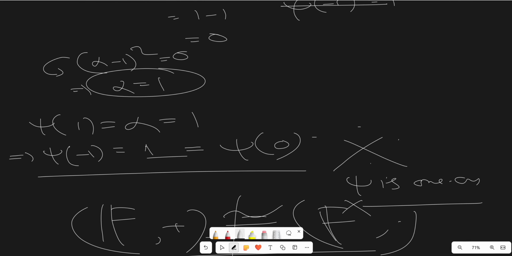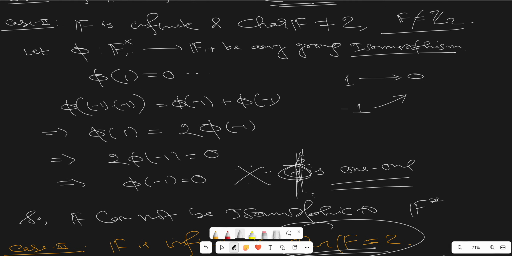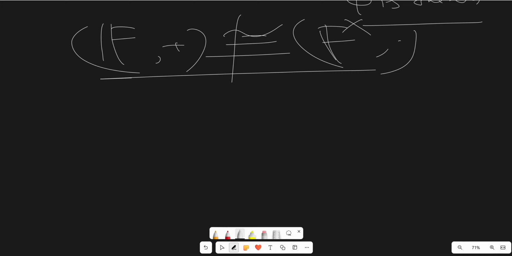They cannot be isomorphic. Here also I have written f, not phi; this is actually phi. That is a bad habit, since all the functions are from f. So anyways, this is clear, right? This I have proved.